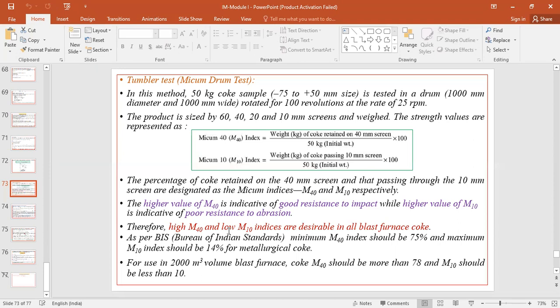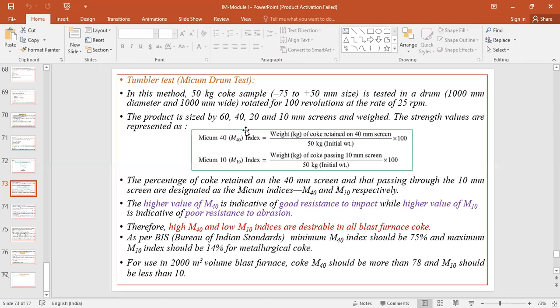So for charging coke in a blast furnace, the desirable properties are that coke should have high M40 and low M10 values. So these are the desired properties of the coke.